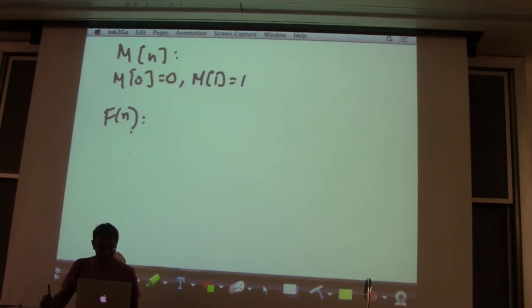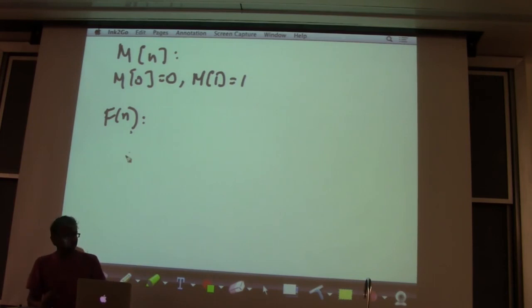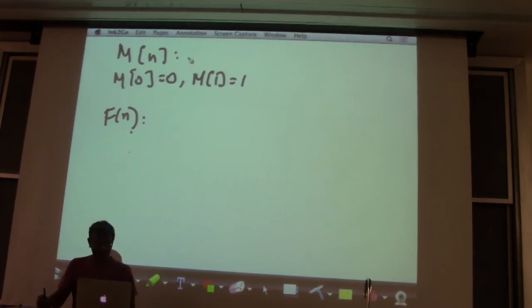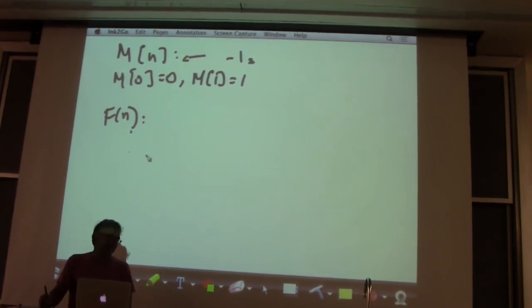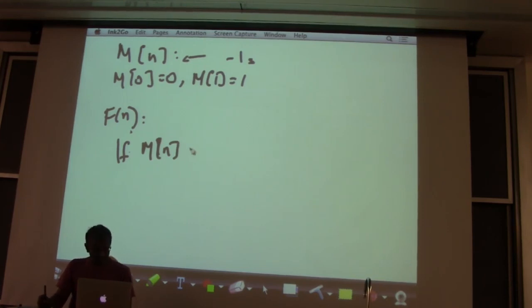If that element in m is valid, use it. Let's say m[n] is set to all -1s, for example. So let's set them all to -1, or null, or something like that. So if m[n] is greater than or equal to 0, return it, since one of them will have 0 in it.